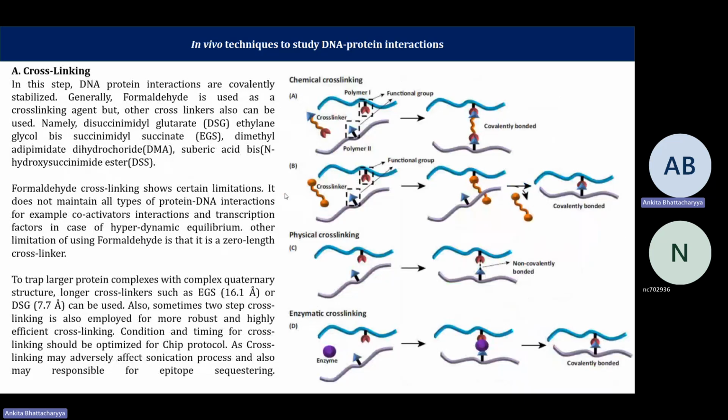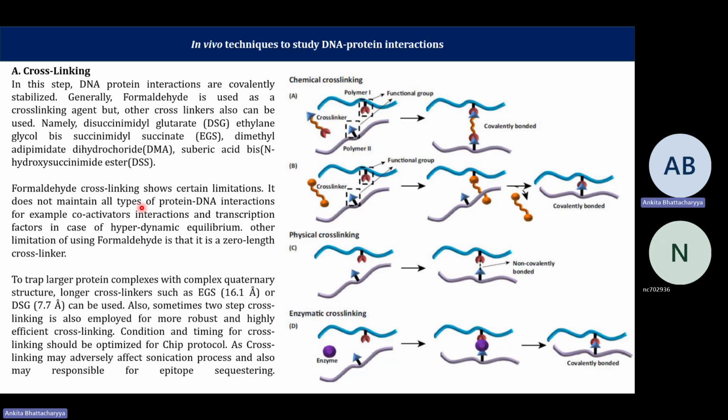Then we discussed the different types of cross-linkers. These are all the different names of chemical cross-linkers that can be commonly used. While formaldehyde is the most commonly used reagent, one limitation is that because formaldehyde is a very small molecule, it is not always able to maintain all types of DNA-protein interactions, especially those which are the result of large ternary complexes forming a huge chromatin loop.